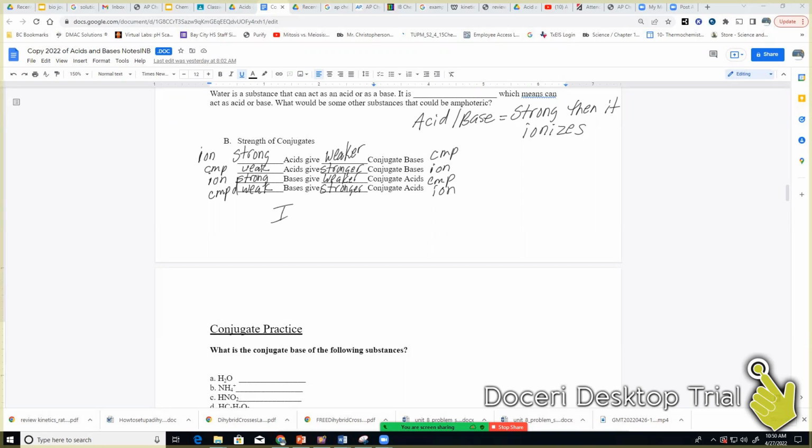So this is an indirect relationship. So that means if I had something like hydrochloric acid, that would be my strong acid, and it would ionize. So this is kind of like what we talked about yesterday. So this is going to ionize and form ions. This is going to be one of my stronger ones.